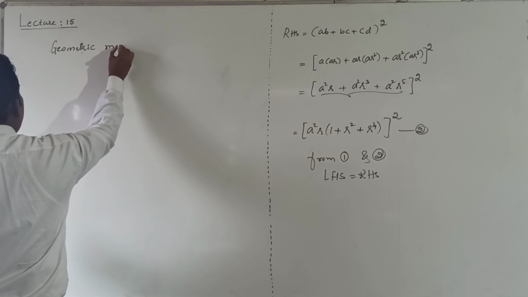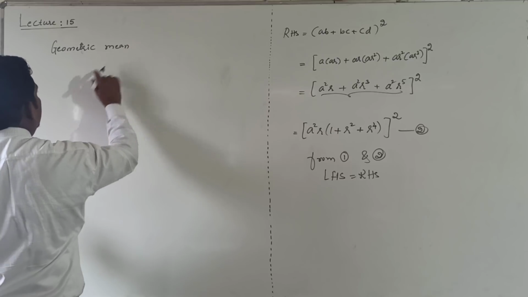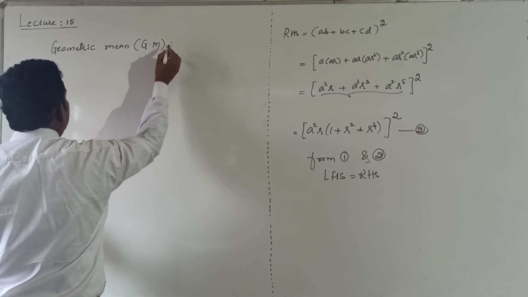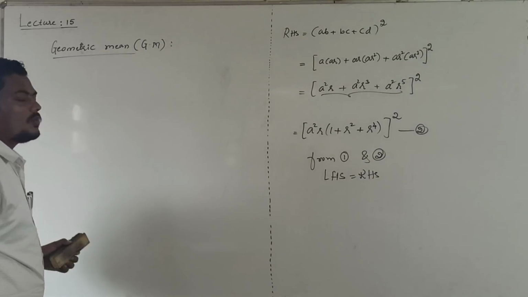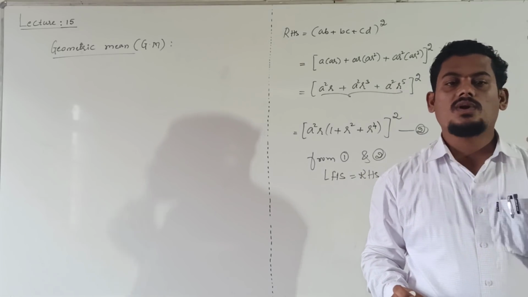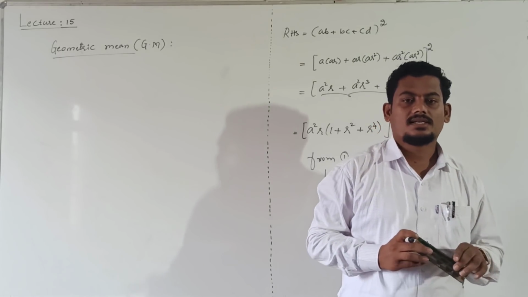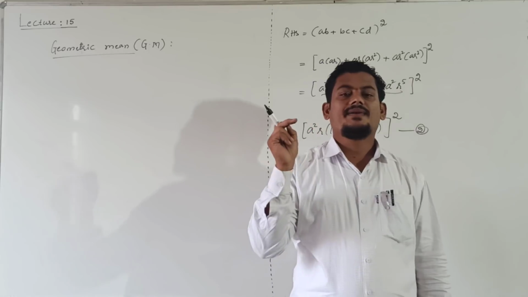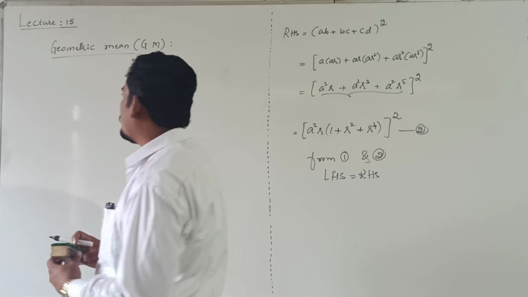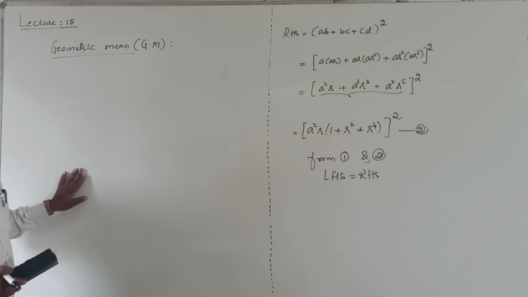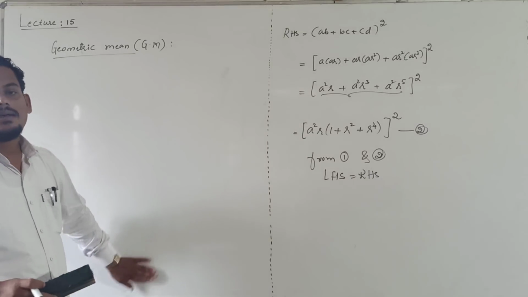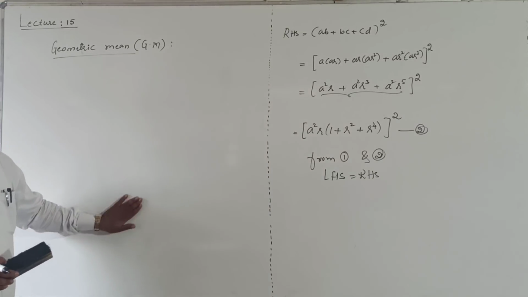Geometric mean is defined only for positive numbers, not for all numbers. Geometric mean is possible only when the given two numbers are positive.